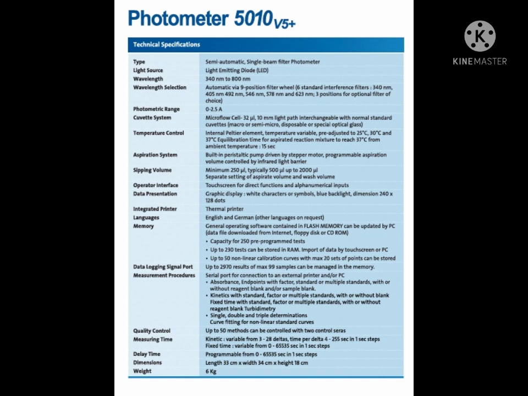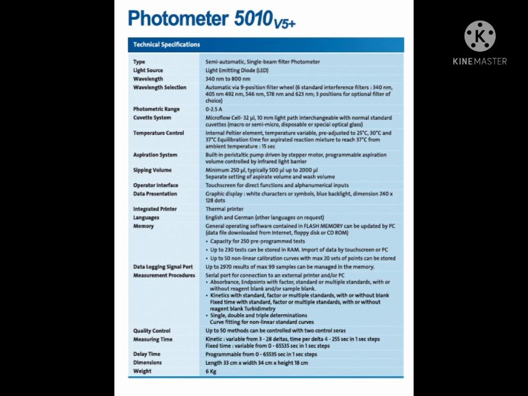Quality control. Up to 50 methods can be controlled with two control seras. With two control seras, like two control sera means level 1 or level 2 control data, QC data can be maintained in this instrument.